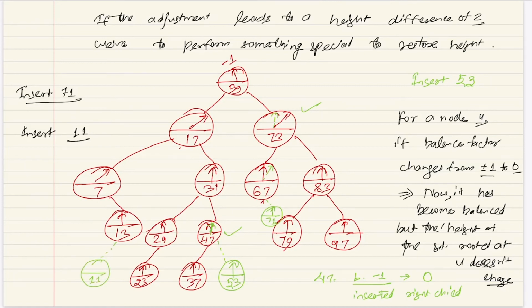Like a BST, and I put the balance factor 0. Now 13 had an insertion to the left, so its balance factor will decrease by 1. So it was 0, it will become -1.